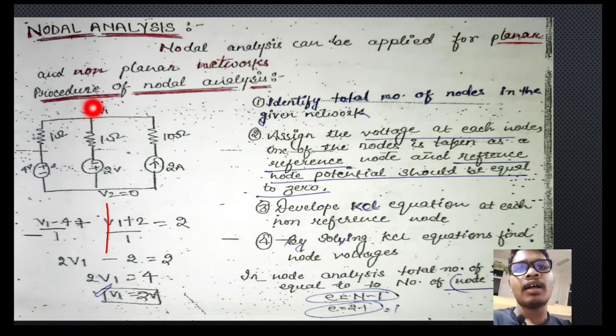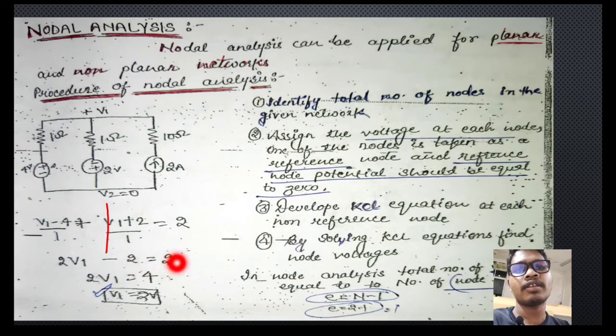Like that, here 2 ampere current will be flowing, so there is no need to write V1 minus something. So here 2 ampere is equal to 2 ampere. After calculating, V1 plus V1 is equal to 2 V1, and minus 4 plus 2 is minus 2, and on the right hand side 2 is left.